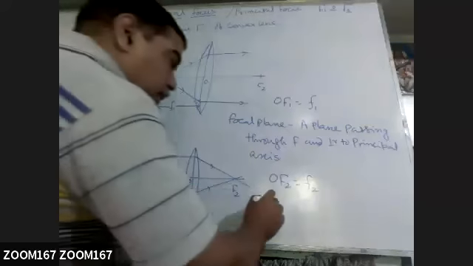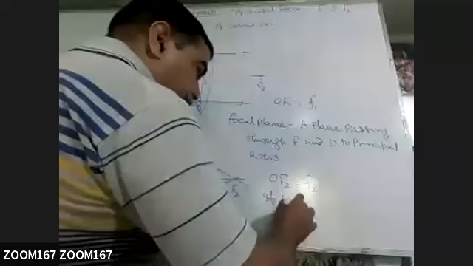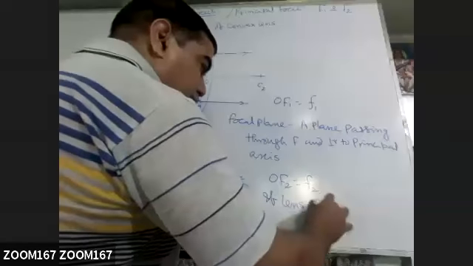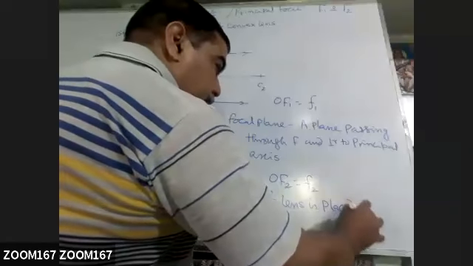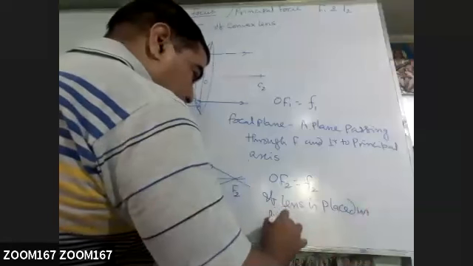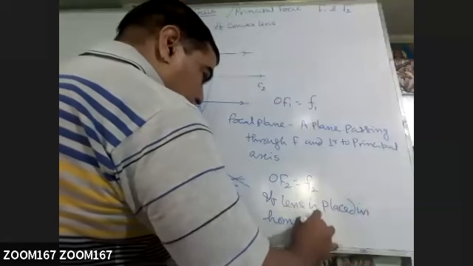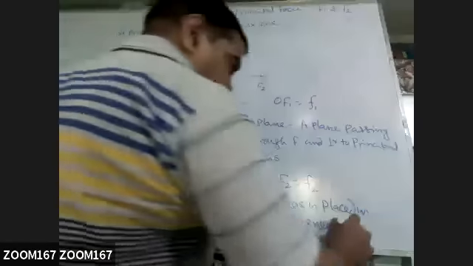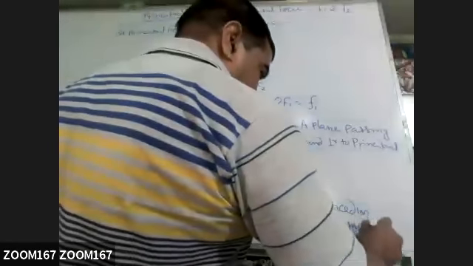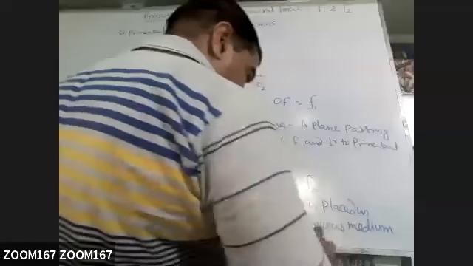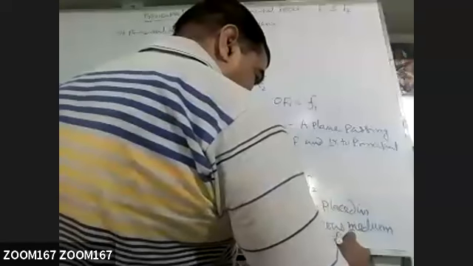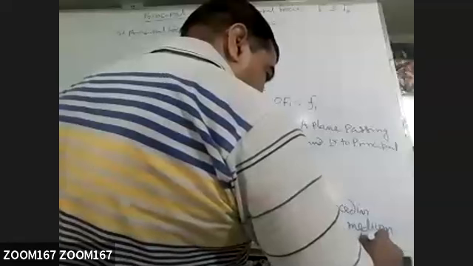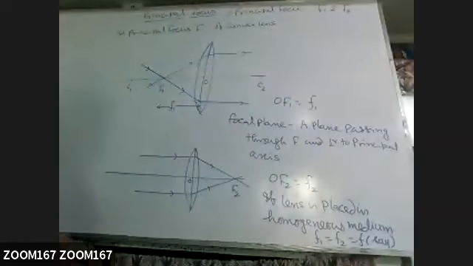So if lens is placed in homogeneous medium, this F1 and F2 are equal, and that we call focal length. Generally, we represent focal length by small f.